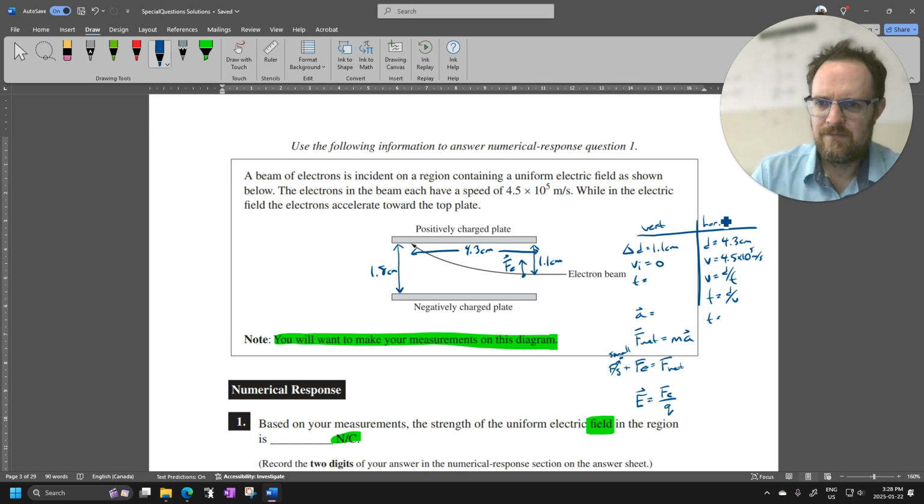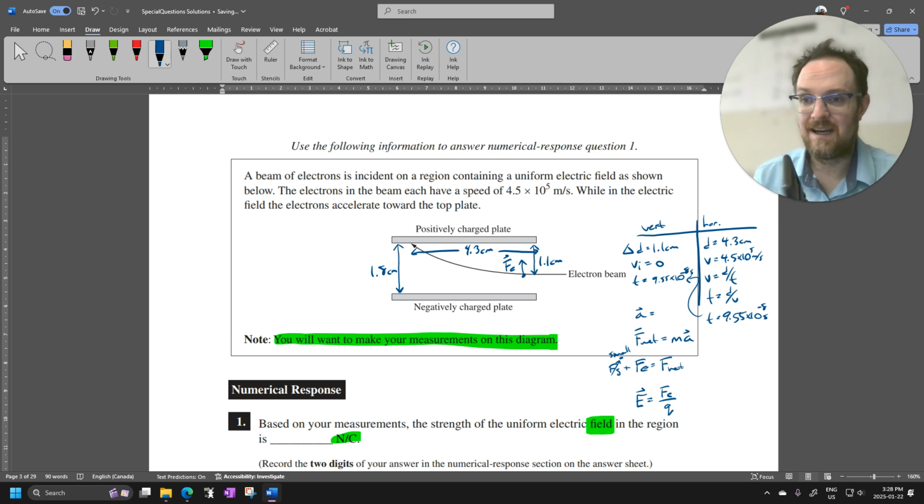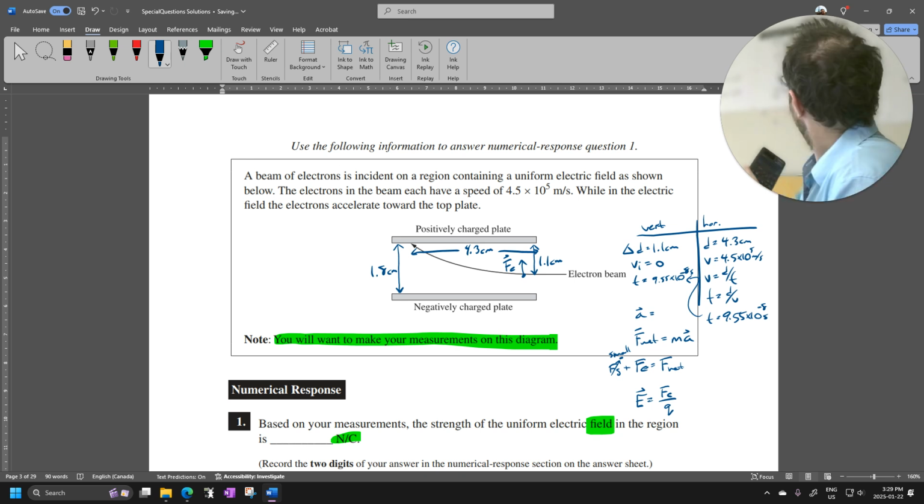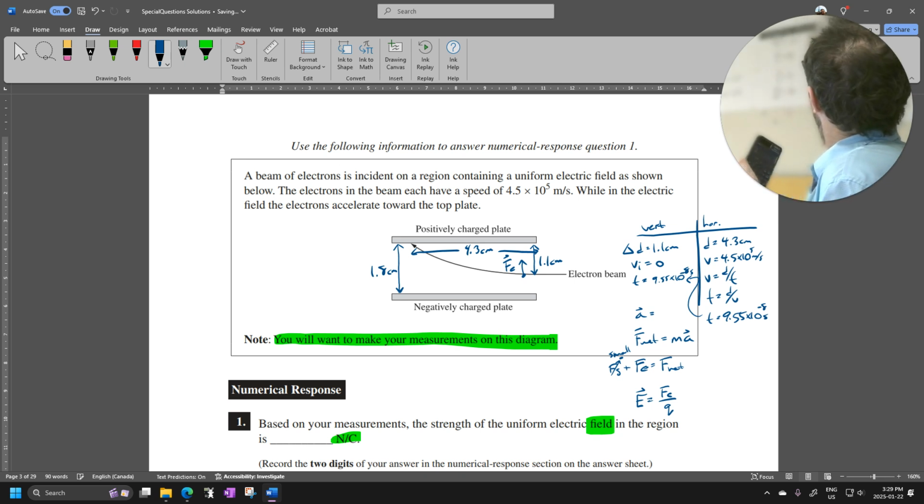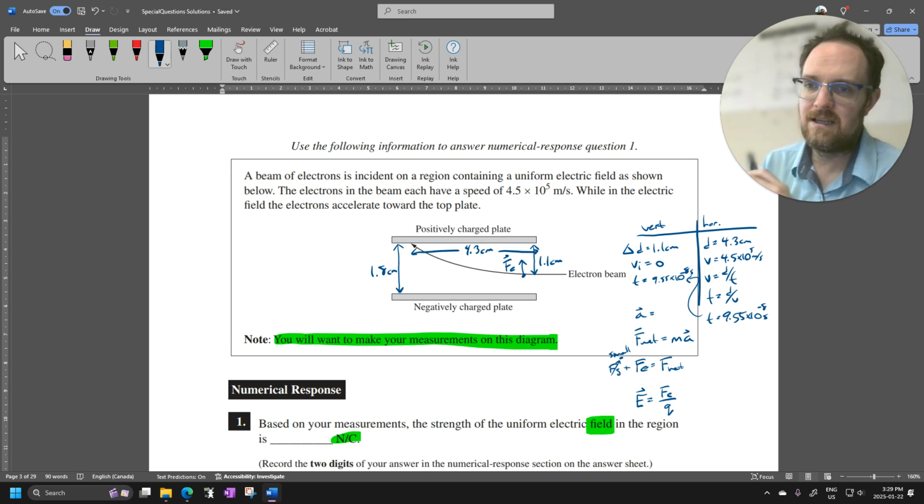and we get 9.55, bunch of decimals, times 10 to the negative 8 seconds. So I'm going to take that up here: 9.55 times 10 to the negative 8 seconds. And we're going to use that to help us find the acceleration. So for our acceleration, I'm going to use d is equal to v_i t plus 1/2 a t squared.